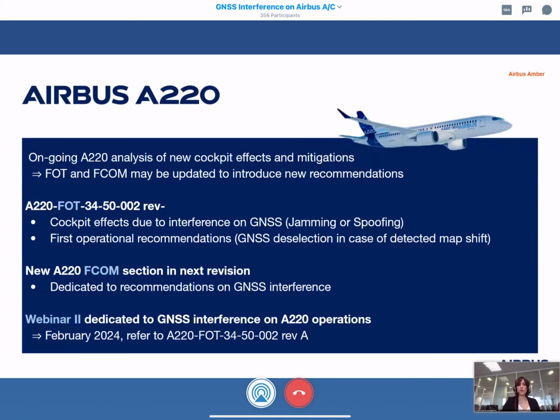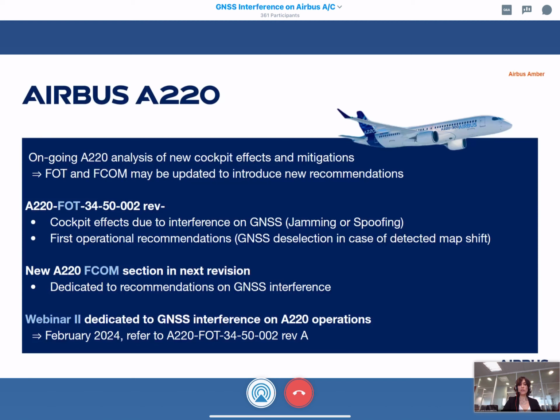And there's a slide covering the A220 family. The A220 team is actively investigating the effects of GNSS interference. The architecture differs, so different effects are expected. The A220 team published a first version of the A4T, similar to the in-service information from legacy aircraft.